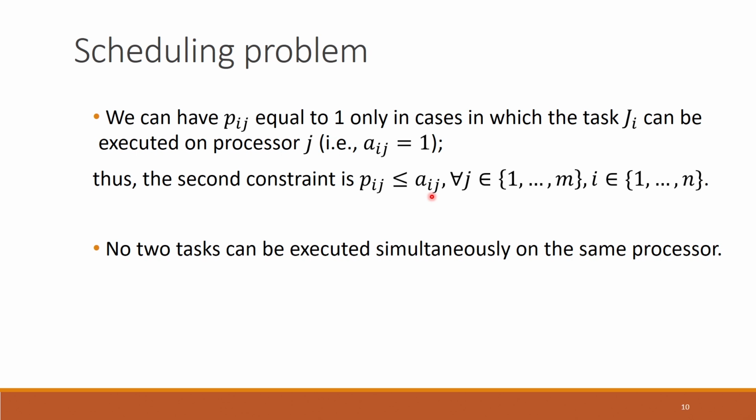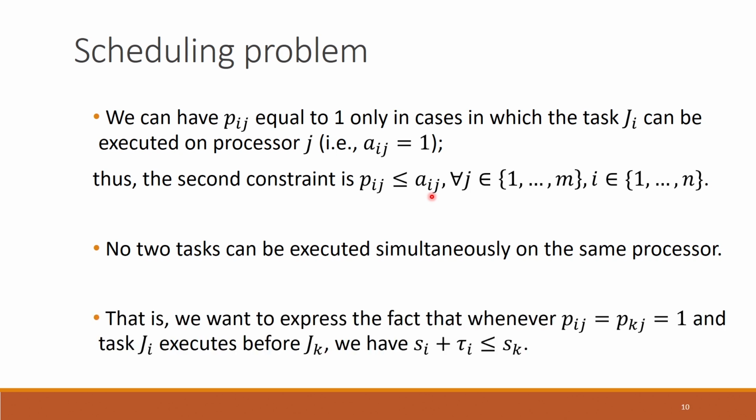Another constraint that is there is that no task can be executed simultaneously on the same processor. That is important. So, we want to express the fact that whenever Pij and Pkj are both equal to 1, that is, we are executing tasks Ji and Jk on this processor j, and it is given that task Ji executes before Jk, then Si plus tau i should be less than or equal to Sk.